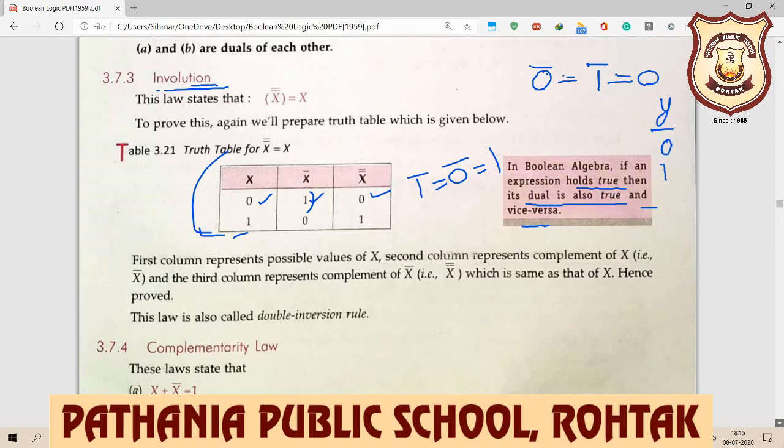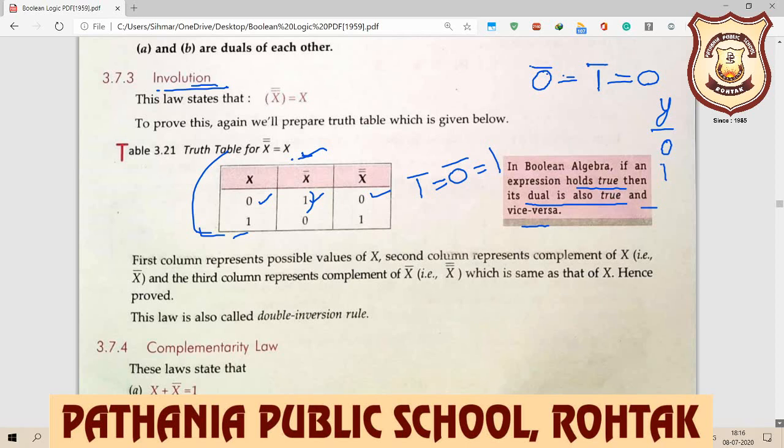The second column represents the complement of x, and complement of x means if you input 0, it converts to 1, and if you input 1, then your output is 0. This is the meaning of complement. If you input 0, your answer is always 1, and if you input 1, your answer is always 0.